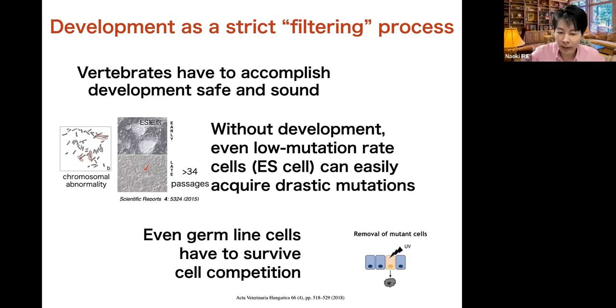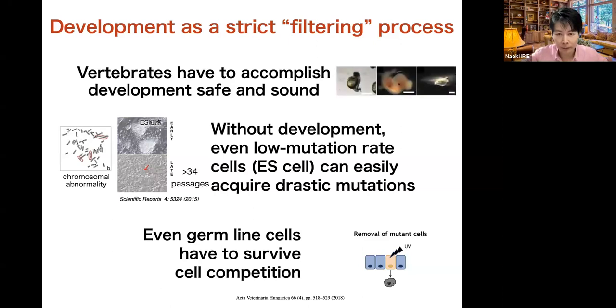We also know that even germline cells have to survive cell competition. So there is very strong cell competition during development. And when a certain organism or individual dies during development, the individual has no chance of creating the next or further generations.